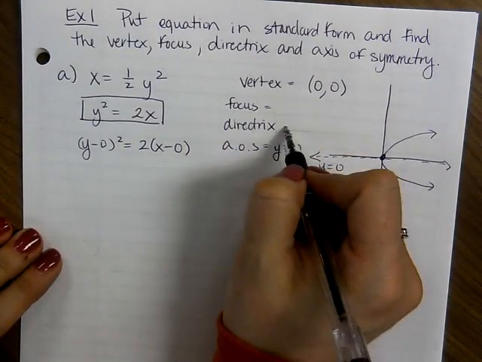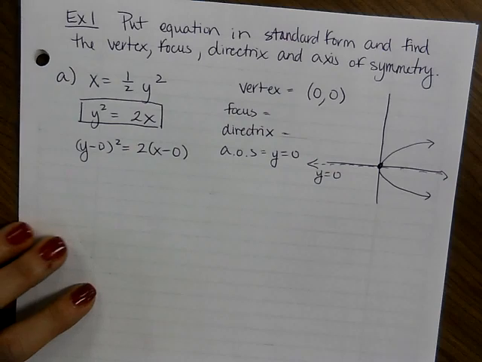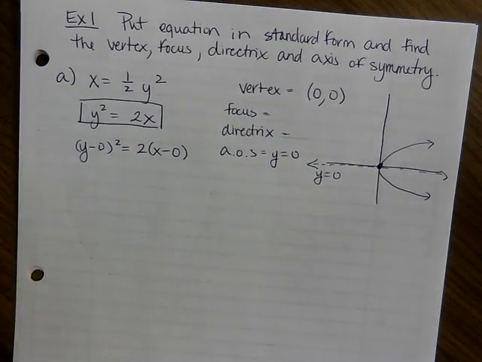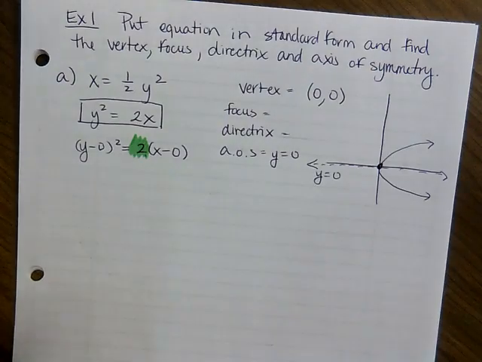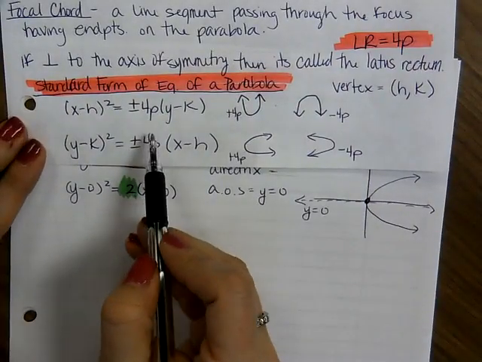How am I going to find the focus and the directrix? What do you have to know? p. So now think about how you can find p. See that 2? Isn't that 2 like 4p in our situation?